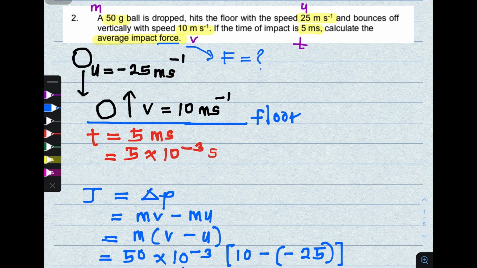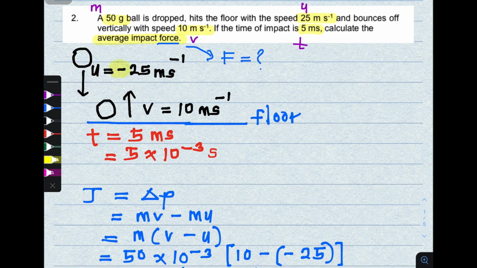From the given situation, we can come out with a diagram. So here I have the floor. We are going to drop a ball with the initial speed, before it reaches the floor, of 25 meter per second. Here I will consider that my initial speed is in the negative direction because it moves downward.